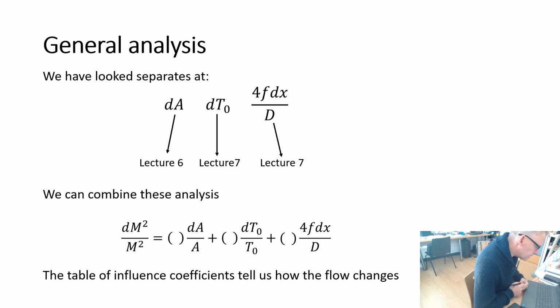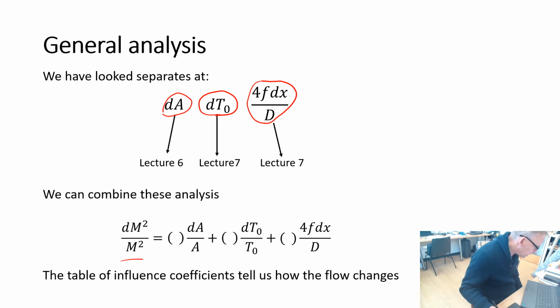The general analysis that we've described, where we're looking at changes in cross-sectional area, which we dealt with in lecture 6, changes in adding heat in terms of the stagnation temperature, and frictional effects, can all be added together and essentially combined by looking at these differential changes.